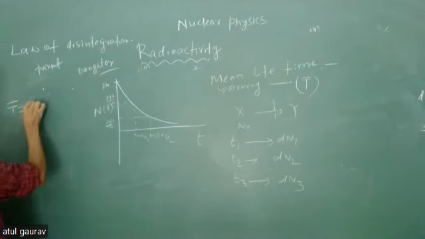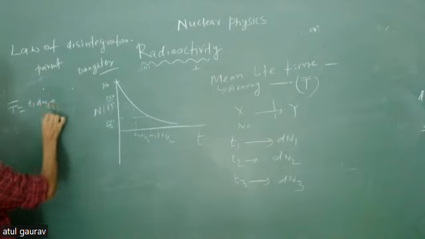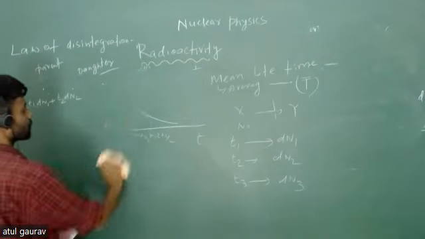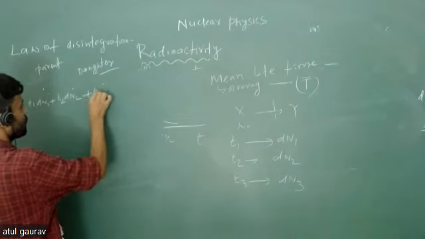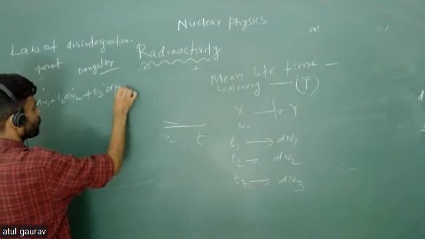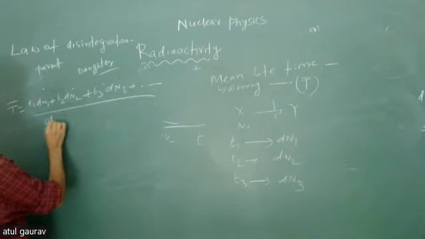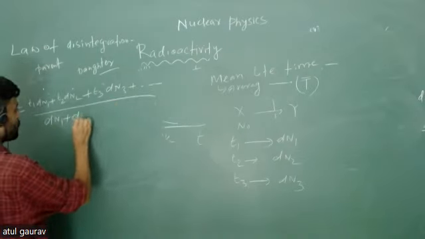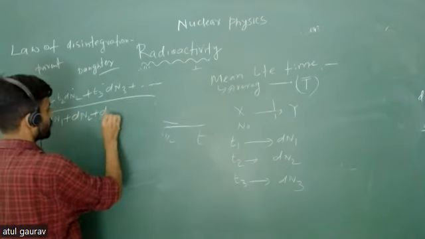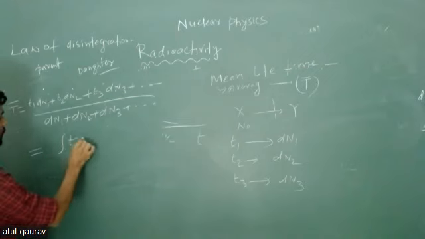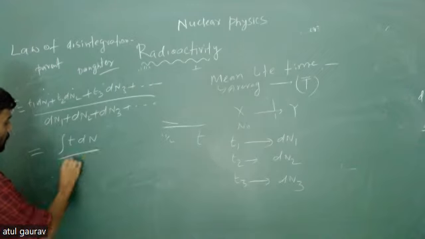So it will be t1 dN1 plus t2 dN2 plus t3 dN3 and so on, divided by the total number of decayed nuclei, dN1 plus dN2 plus dN3 and so on. Since this process is happening continuously, you can write this as integral of t dN divided by integral of dN.